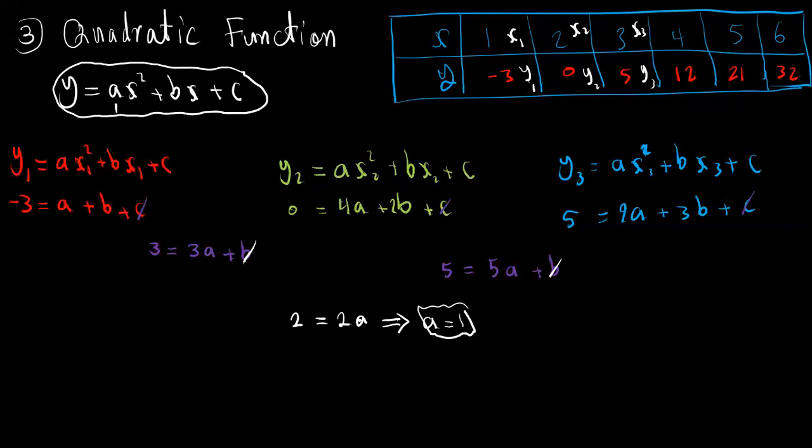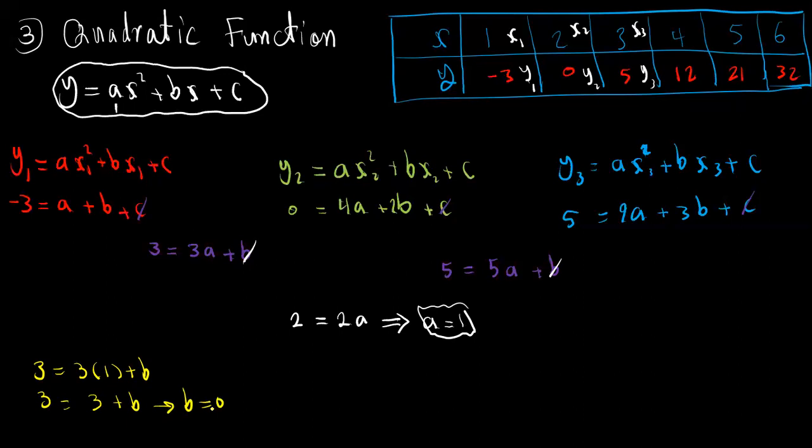What about b? Yes, I can use this equation or this equation to get b. I will use this equation, okay? 3 equals 3 times a plus b. So 3 equals 3 plus b. So b will be what?